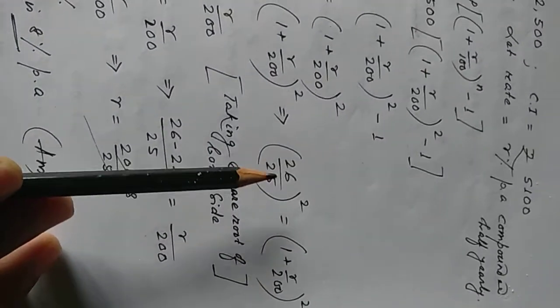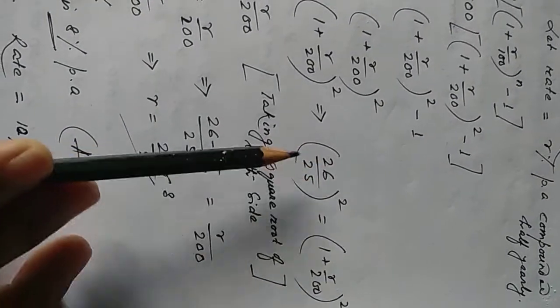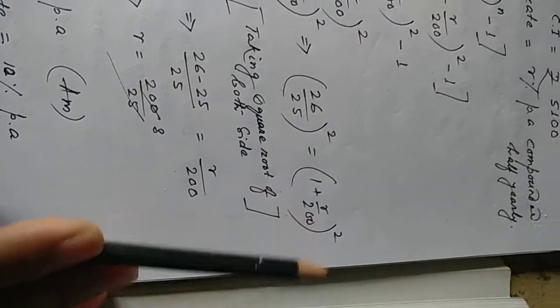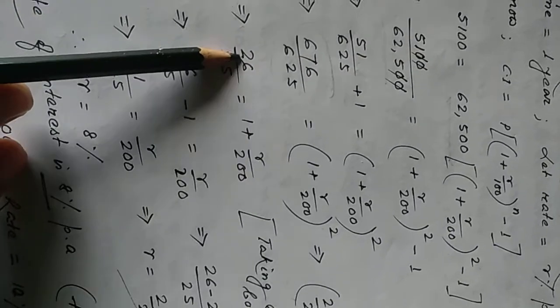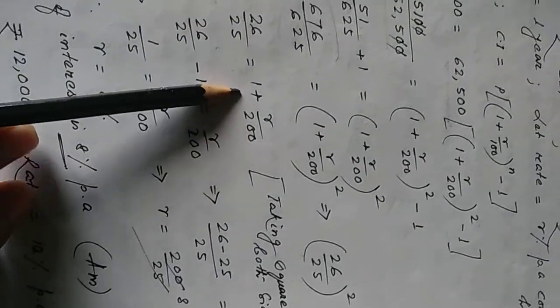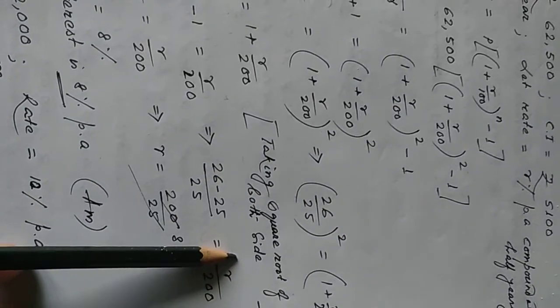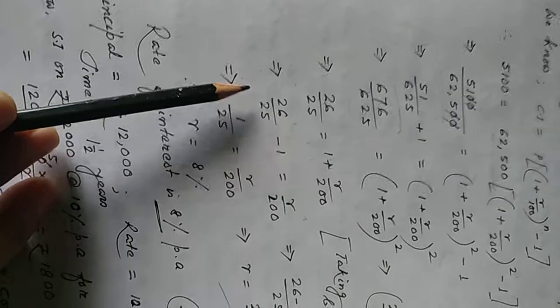So I represent it like this: 26 by 25 whole square equal to 1 plus r by 200 whole square. Now I can write it like this: 26 by 25 equal to 1 plus r by 200, taking square root of both sides, and then transferring this 1 on the left hand side.